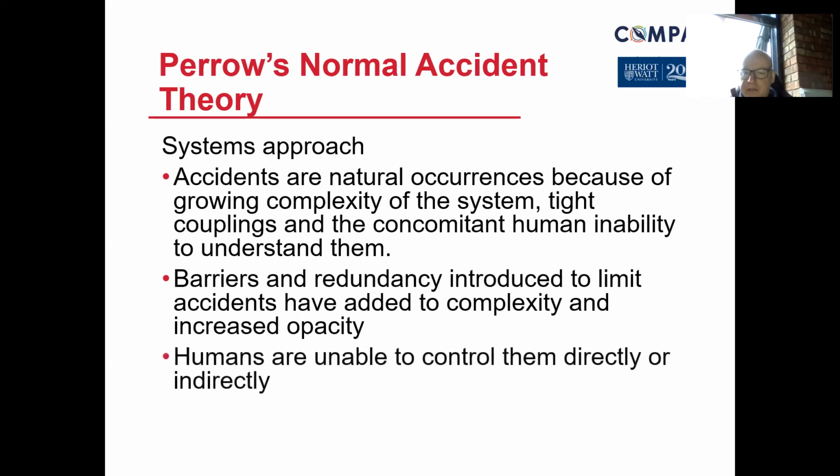Humans are unable to control them directly or indirectly. So the outcome happens, the accident has taken place, and therefore, regardless of what we put in place, it has a direct or an indirect impact on them. And that's rather than a zero tolerance on accidents. What we're saying is accidents will happen anyway.